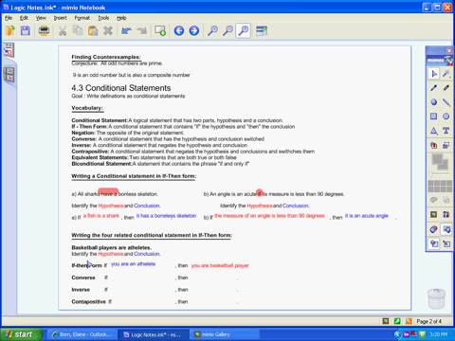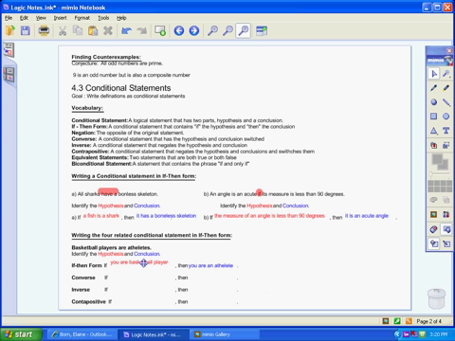Basketball players are athletes. The hypothesis is everything before the word are, conclusion, everything after it. The if-then form is, let's swap these around: if you're a basketball player, then you are an athlete. That's my hypothesis and conclusion in if-then form.